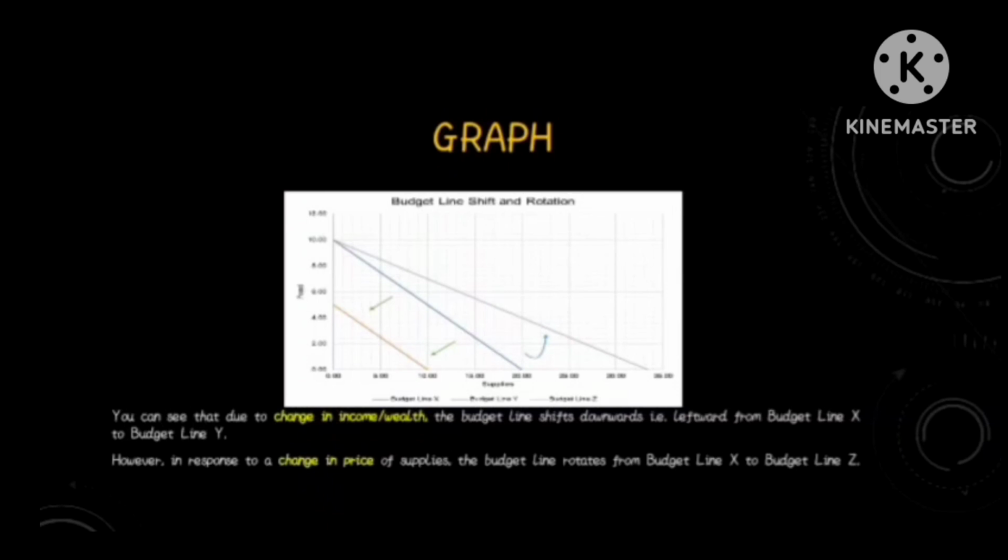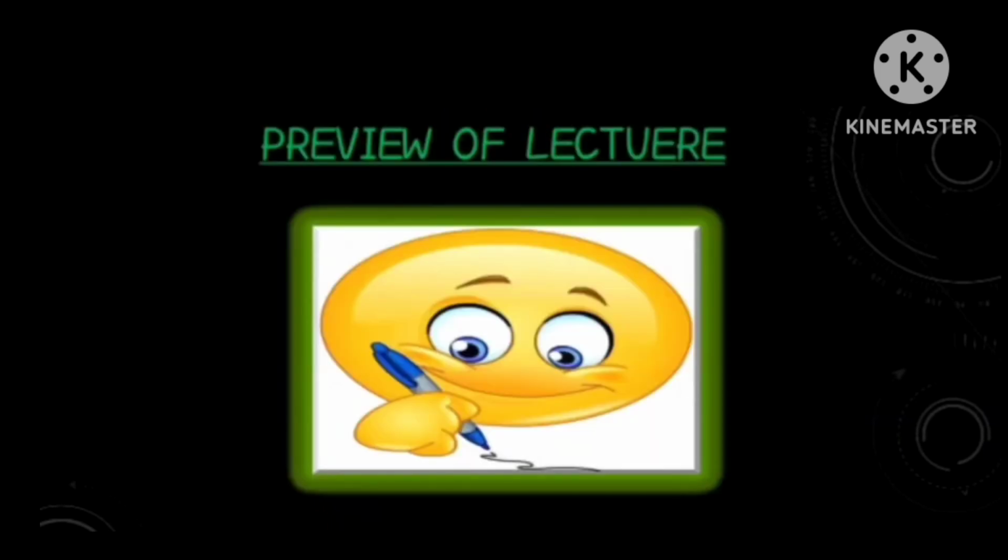Alright, so this is the difference, and let's end our lecture here. In today's lecture we learned about the budget line, its graphical representation, the equation of the budget line, and the concept of market rate of exchange, the MRE concept.